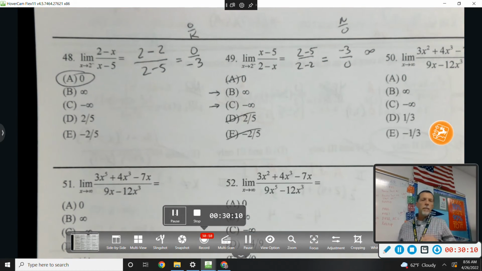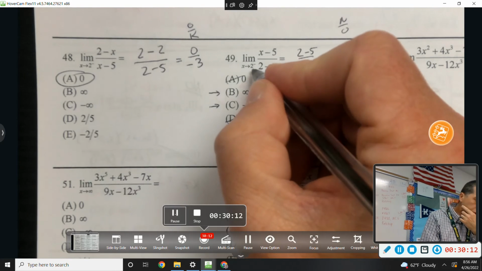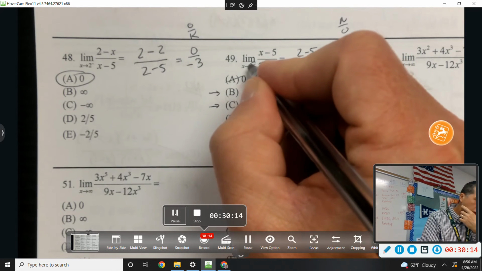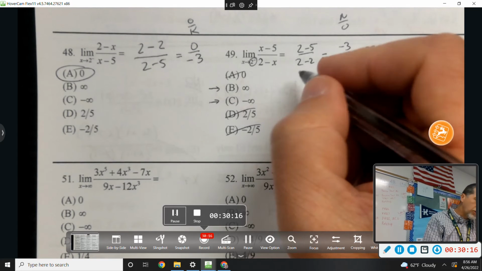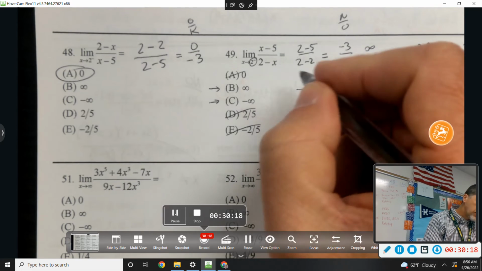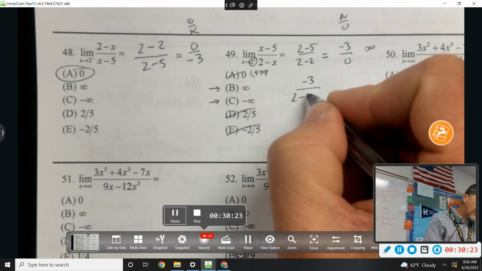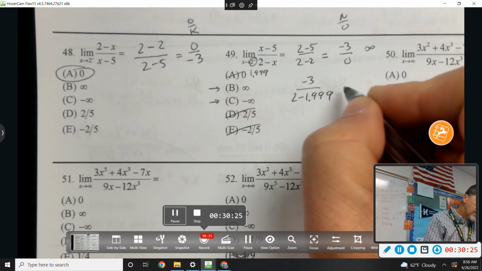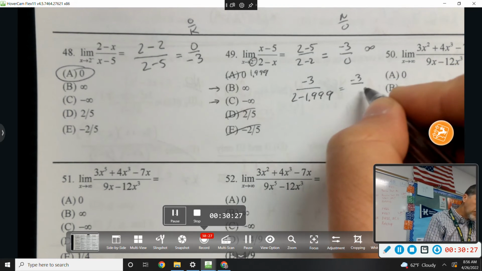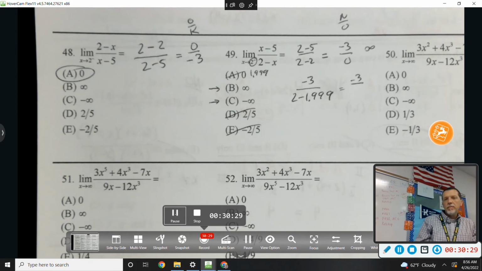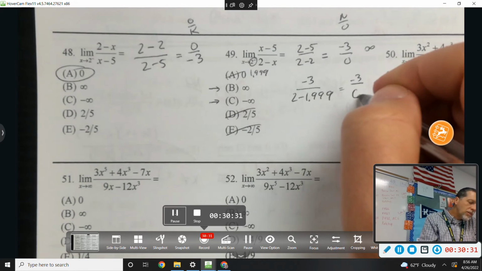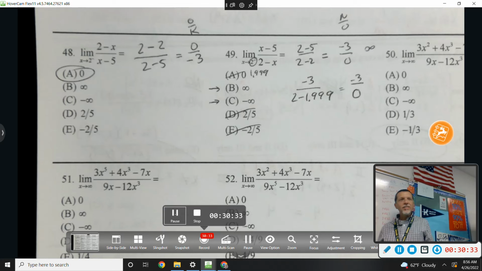Well, 2 from the left, so what's something a little less than 2? 1.999999. So negative 3 divided by almost 0, but is it more than 0 or less than 0? Is it a positive 0 or a negative 0?